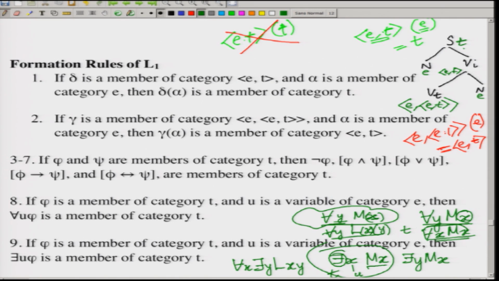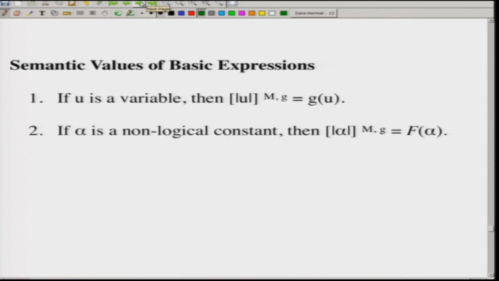So we go to the next level, semantic values of the basic expressions. If u is a variable, then u's value will be determined by g, as we have seen, the value assignment function. The value assignment function gives values not to the constants, because constants have different values, but to the variables. And if alpha is a non-logical constant, like for example man, woman, we have at least four non-logical constants.